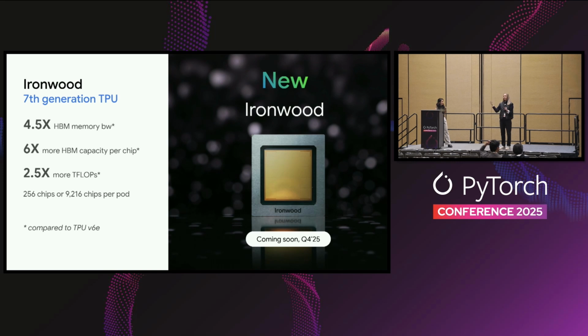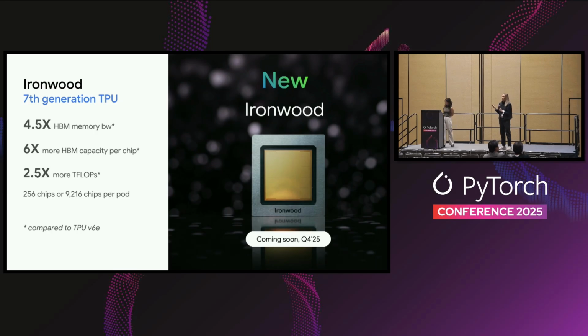Ironwood is kind of not the reverse, relatively speaking. 4.5 times the HBM memory bandwidth is available on a single Ironwood chip. It is 6 times more HBM capacity, so you can serve much larger models on a single host, and then 2.5 times more T-flops. So notice how the relative numbers there are slightly different.